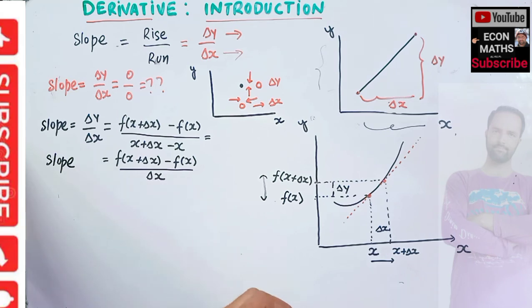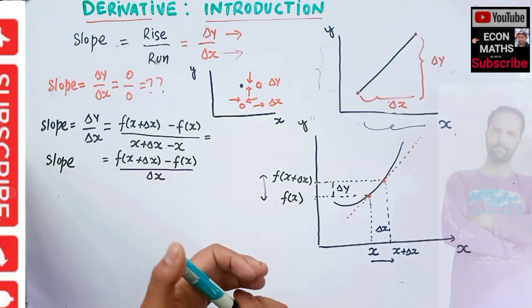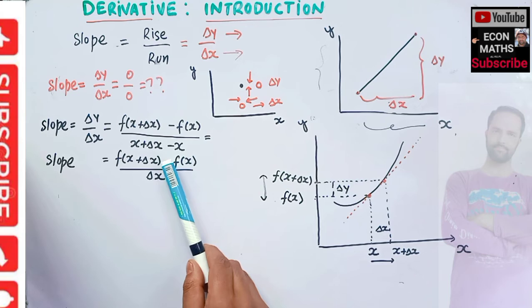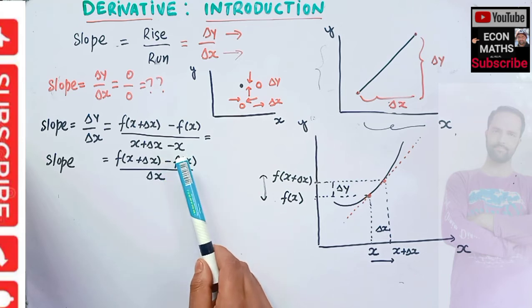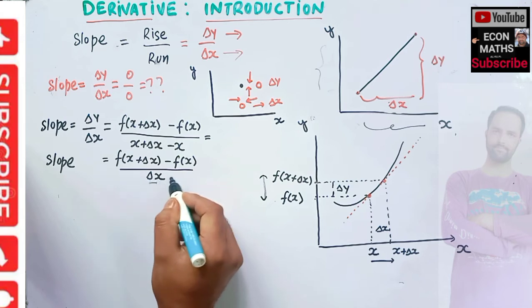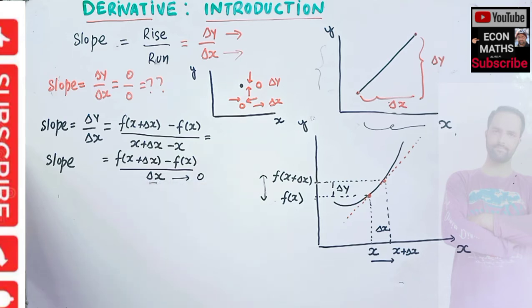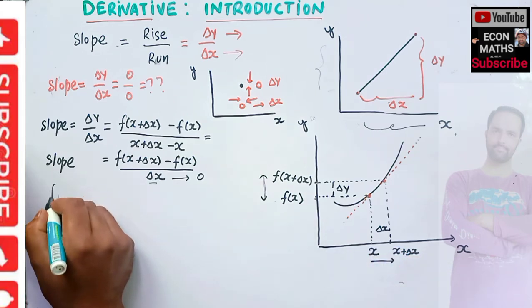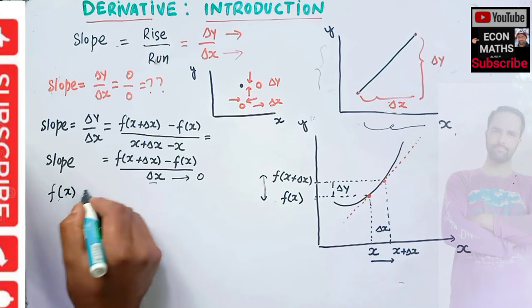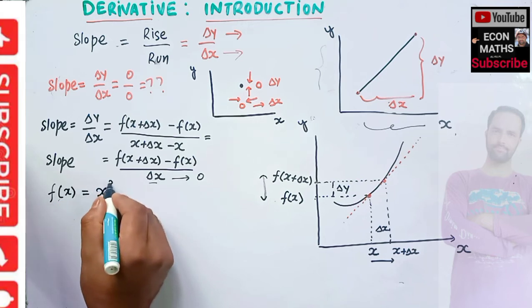Then what we do is simplify it as best as we can, and then make this del x shrink towards 0. If you are getting confused, let me give a simple example. Let us say I have a function f of x equal to x square.